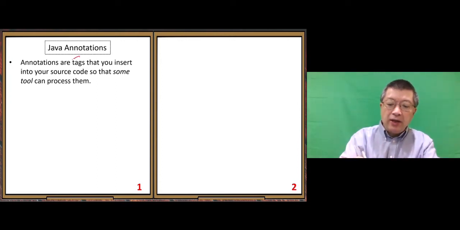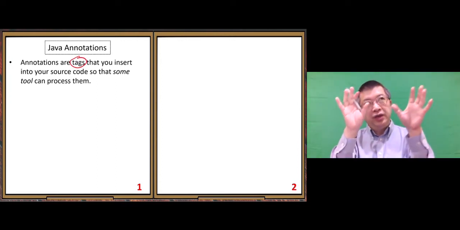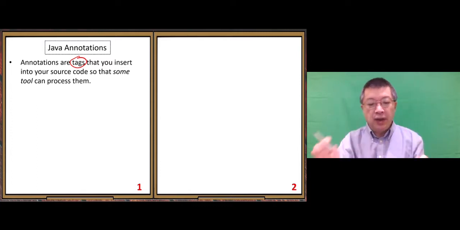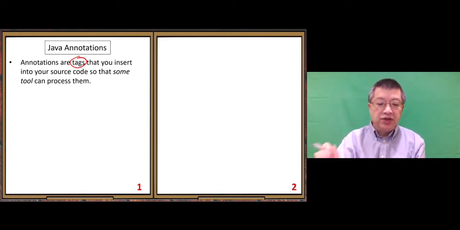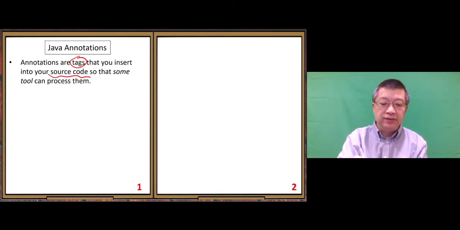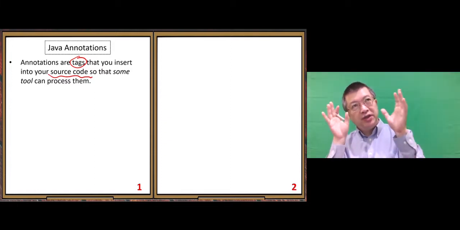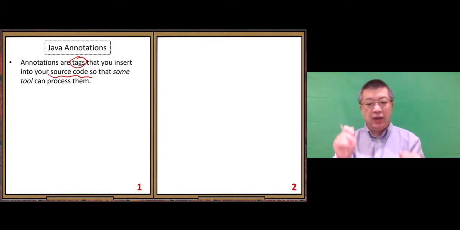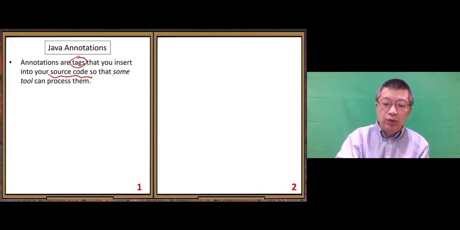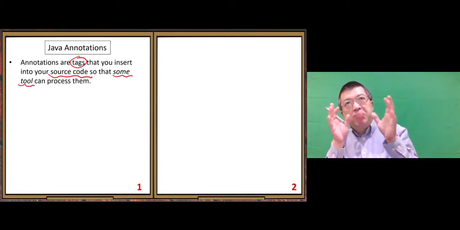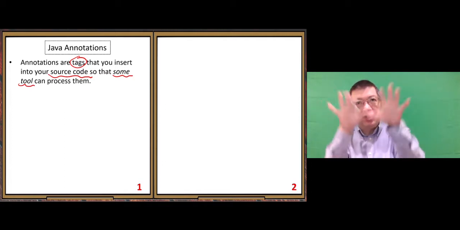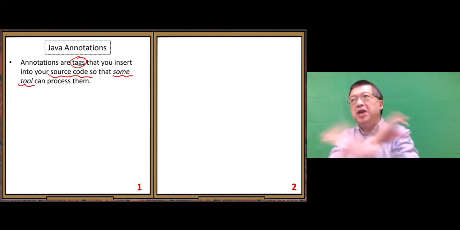Annotations are tags. All right. So treat them as tags that you insert into your source code. So you write annotations in your Java source code. Later, there are some special tools that process different annotations.